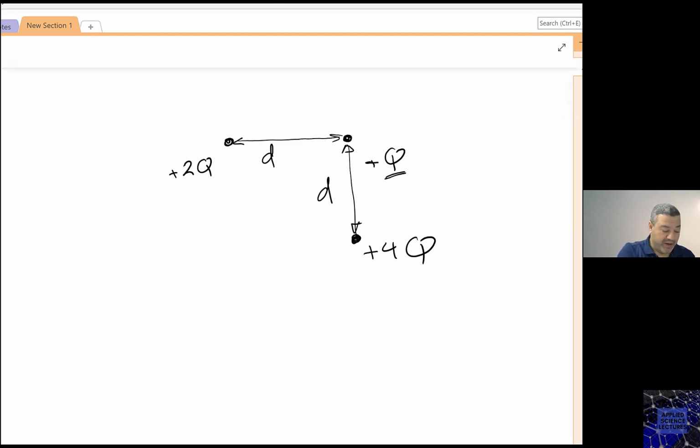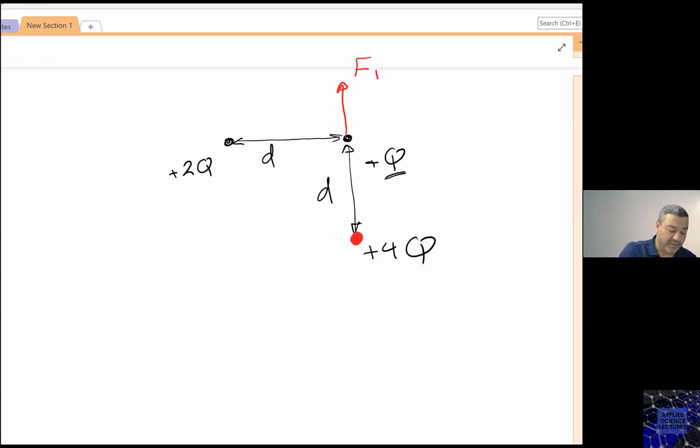Okay, so if I take the color red that represents this positive 4Q, then I will draw the force. The force is going to be on the same line between both charges and pointing this way such that it is a repulsive force. So let me call this one F1.